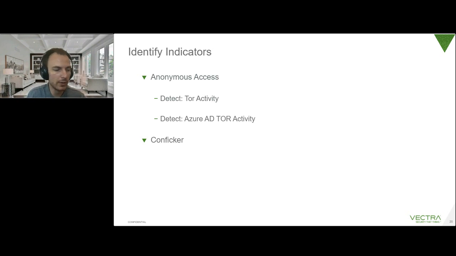But going to why this is sort of a gray area, talking about that fidelity and the number of detections, this is going to be highly dependent upon your environment and on your industry. I can tell you I consistently see things like Tor activity in higher education, right? Students with their newfound freedom, they just kind of do whatever they want.